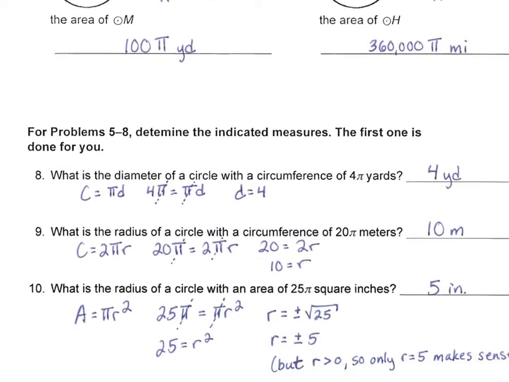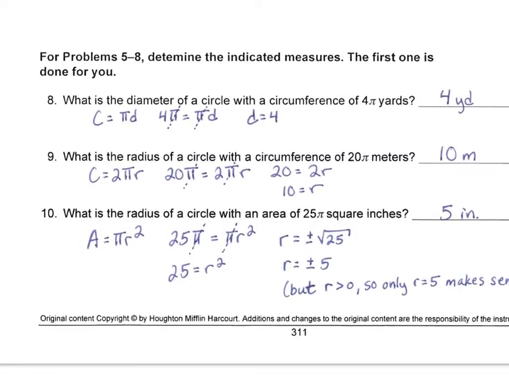Next section of problems, we're still doing either the circumference or the radius or the diameter. We have to be careful of what it is that they're asking us for. I do not have a diagram this time, so just read really carefully, okay? As you're looking at number 8 on this page, it says, what is the diameter of a circle with a circumference of 4 pi yards?